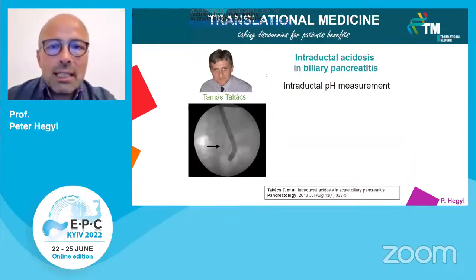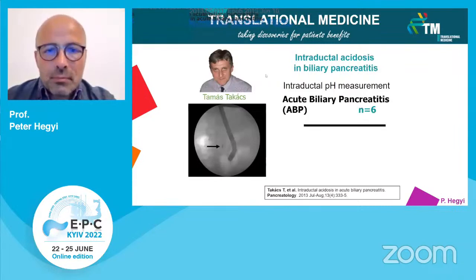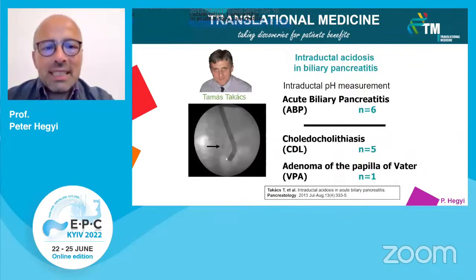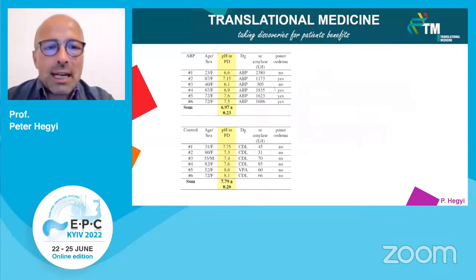intraductal acidosis as well. So we performed a pH measurement inside the pancreatic ducts, and we had 6 acute pancreatitis patients, and actually the control group were those patients who had to undergo ERCP.